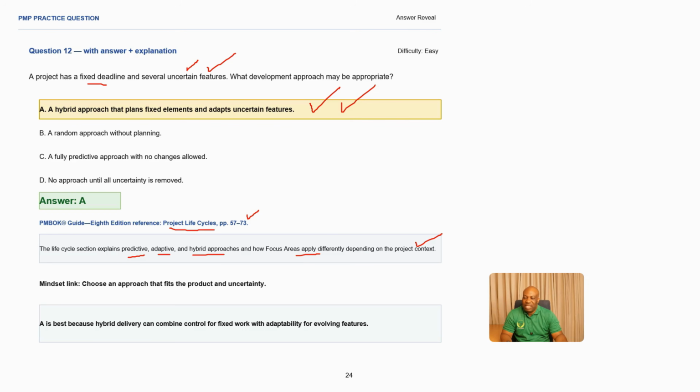So what other mindset did we use to eliminate some of these questions? You need to choose an approach that fits the product and uncertainty. And in this case, only predictive was not going to help here, and also agile was not going to help. Therefore, we decided to go for hybrid, making A the best answer because hybrid delivery can combine both control of fixed and also adapt to evolving features.